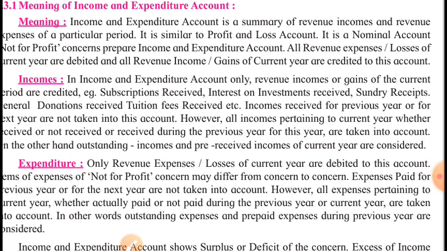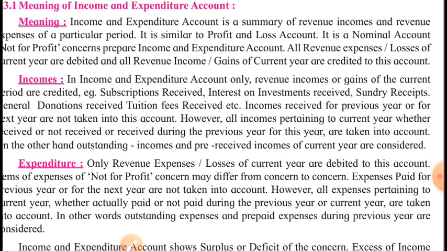That is important. The income may be received or accrued. It will be shown in the income and expenditure account credit side. The expenditure might have been paid or it may be outstanding, will have to be paid. But if it is of this year, it will be shown on the debit side of the income and expenditure account.